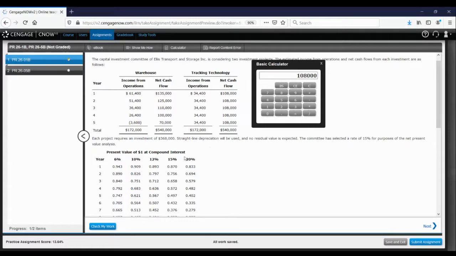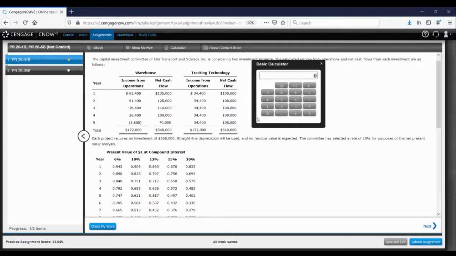In year 4, I would take the 108,000. I would multiply that by the table value amount for year 4, which was 0.572. And that will give you 61,776.